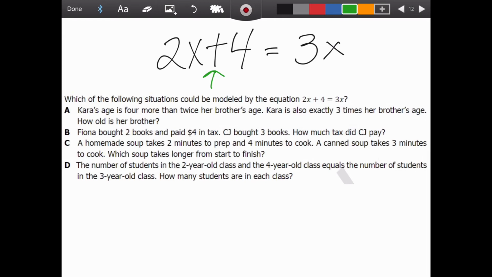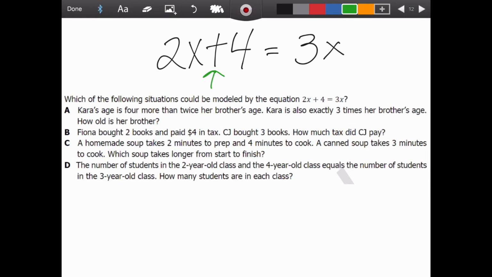Okay, so let's just read option A. Kara's age is 4 more than twice her brother's age. Kara is exactly 3 times her brother's age. How old is her brother? Okay, well, it doesn't say if we're setting them equal to one another.